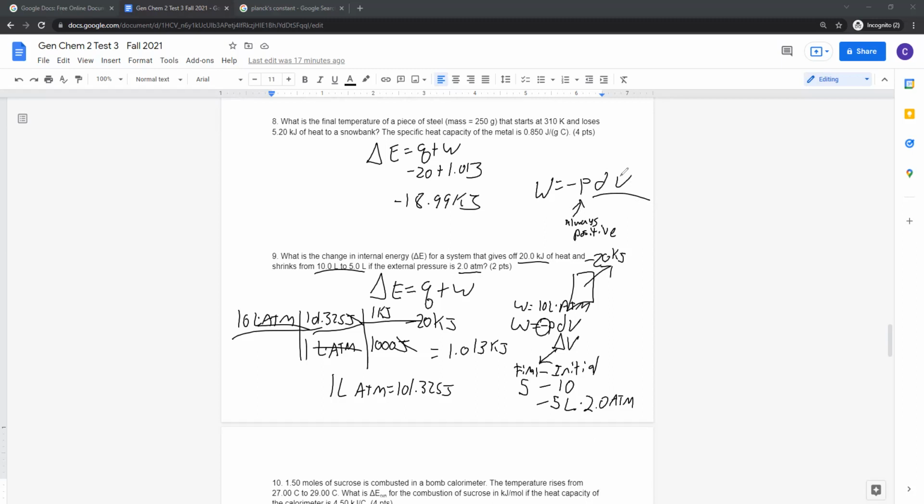If your volume shrinks, that means work is positive. If your volume expands, this is a positive number, so overall this would be a negative number, work is negative. That negative sign in front of the P is just so the work is the correct sign.